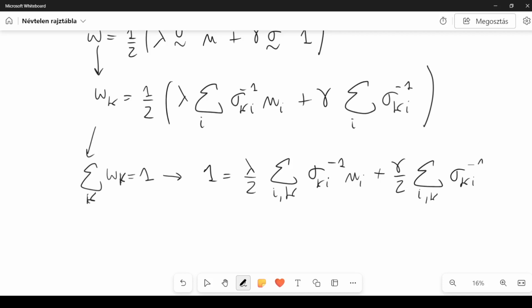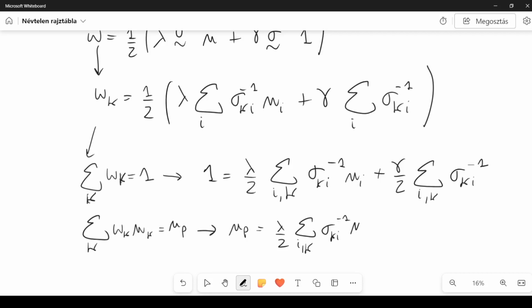sigma ki inverse. And similarly, we also have another formula like this, summation over k of omega k mu k equal to mu p. So you can do the same: mu p equal to lambda over 2 summation over i over k of sigma ki inverse mu i mu k, plus gamma over 2 summation over i over k of sigma ki inverse mu k.